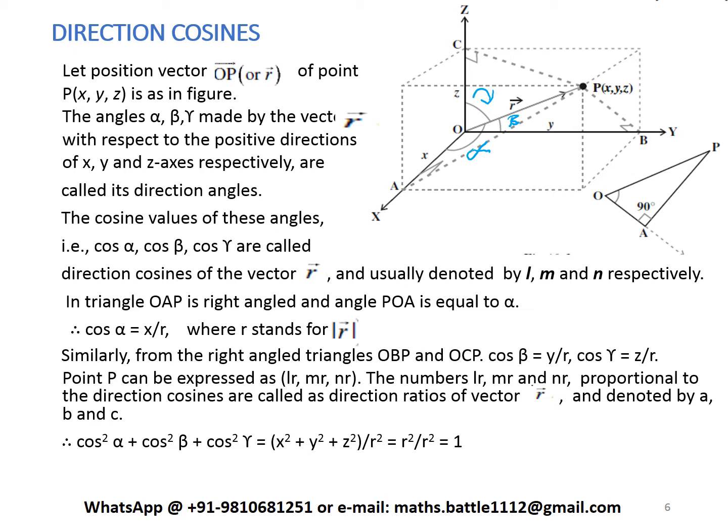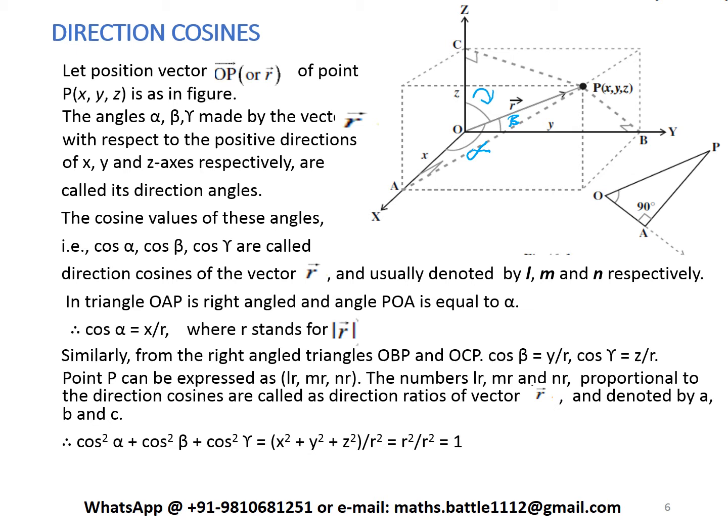The cosine values of these angles, that is cos alpha, cos beta, cos gamma, are called the direction cosines of vector r and are usually denoted by l, m and n respectively.